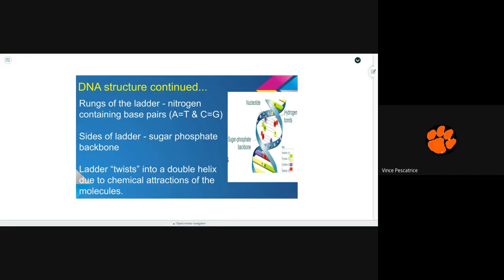All right, so the rungs of the ladder are the nitrogen-containing base pairs, and the sides of the ladder are the sugar phosphate backbones.